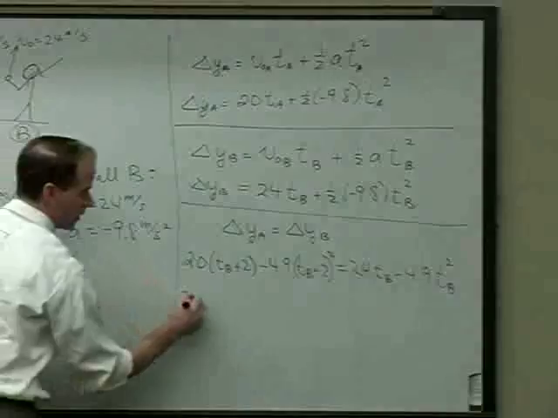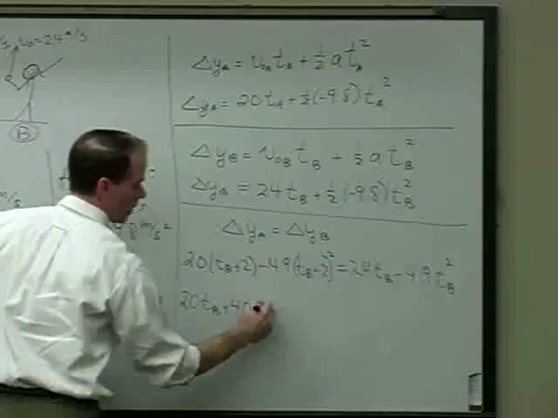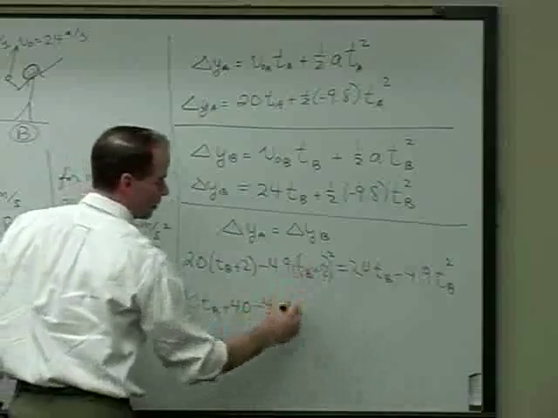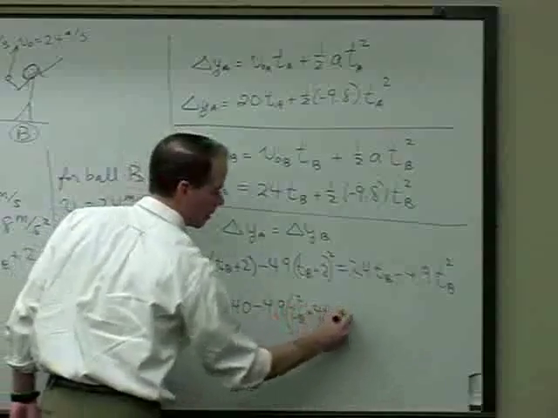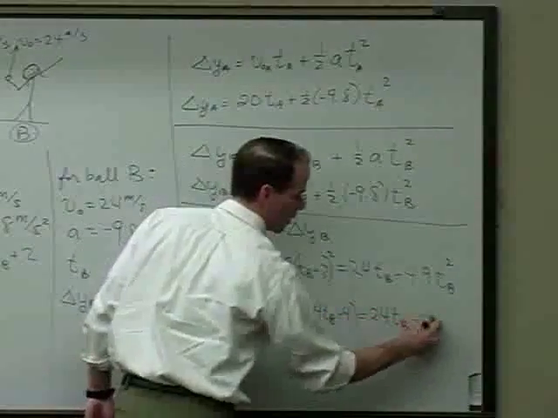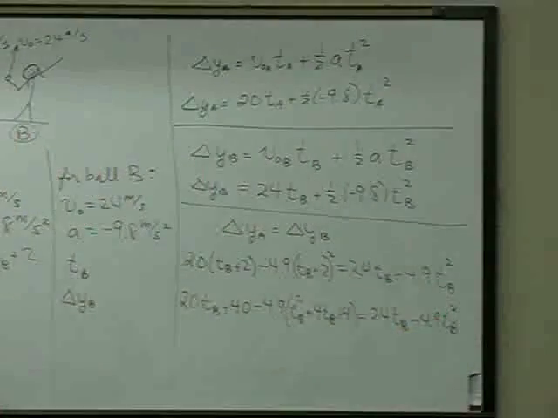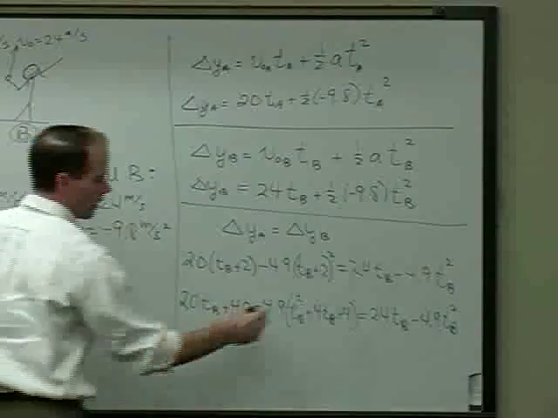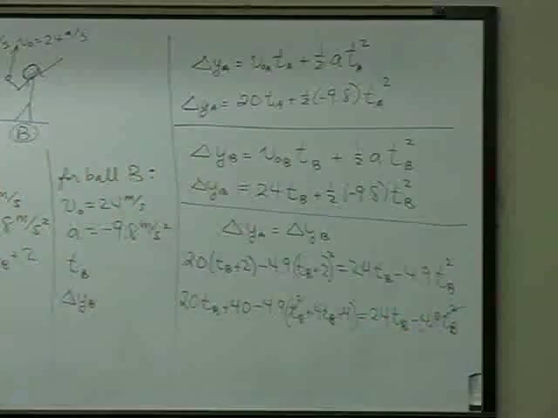We're going to have 20 times the time for B plus 40 minus 4.9 times (time for B squared plus 4 time for B plus 4) equals 24 time for B minus 4.9 time for B squared. Cancel out both sides, which is kind of nice.